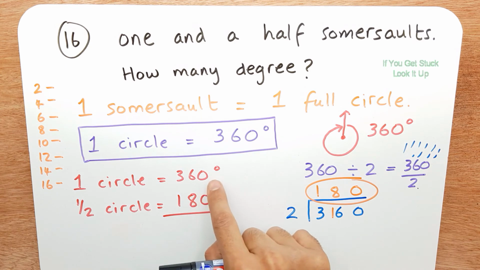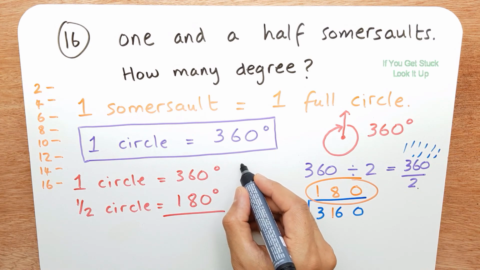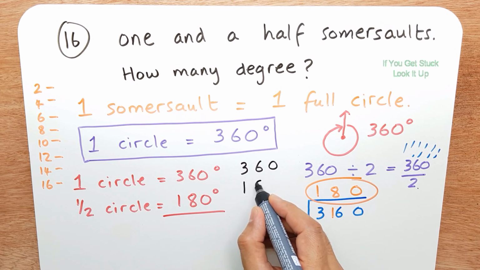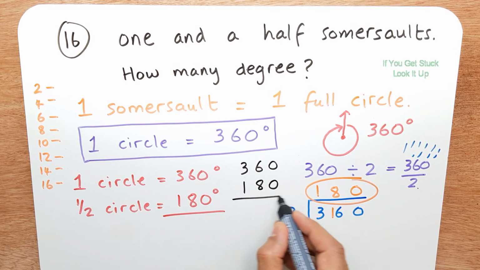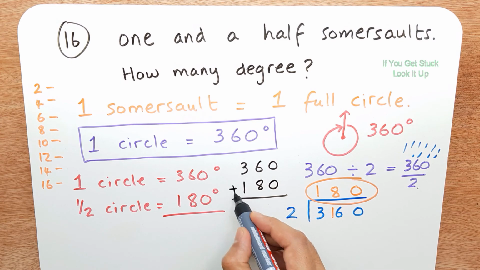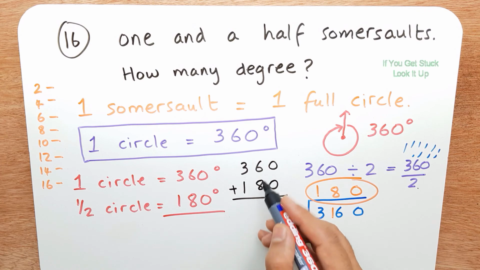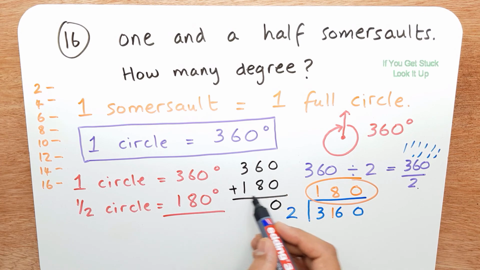So let's add these 2 numbers here. 360 degrees add 180 degrees. So we're going to add these. 0 add 0 is 0. 6 add 8 is 14.